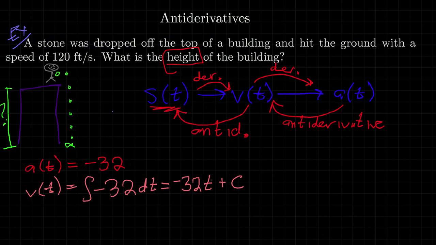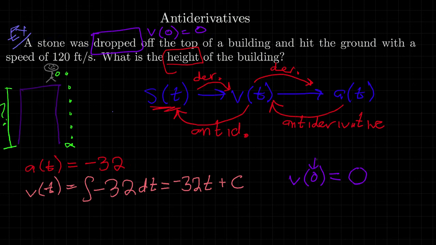I need to know what's going on with the velocity there. So the velocity at 0, this I have to get from the problem. I know that the velocity at 0 is equal to 0 because it says that the stone was dropped. So that means that I didn't throw it, it was dropped. So the initial velocity was 0.